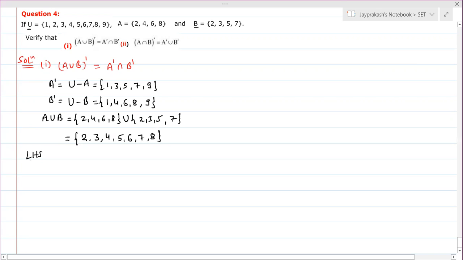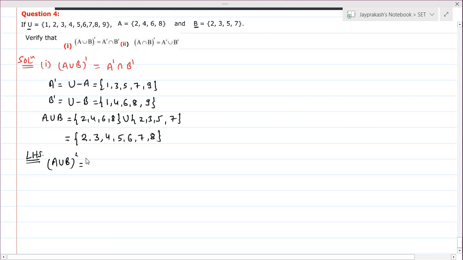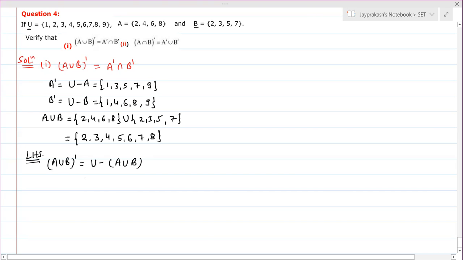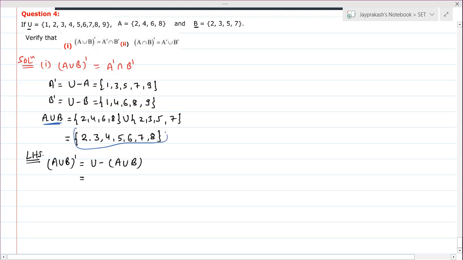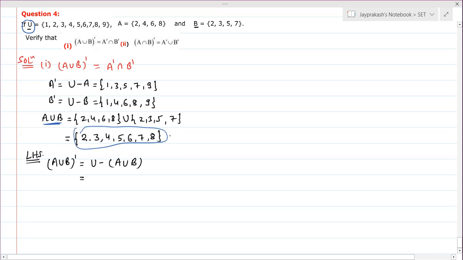Now we will start finding the LHS. So we have the LHS, A union B whole complement. That is U minus A union B. To find the complement, you have to see this A union B, this one, and look at U. These elements should be subtracted from U, and the remaining elements inside U we will write here.